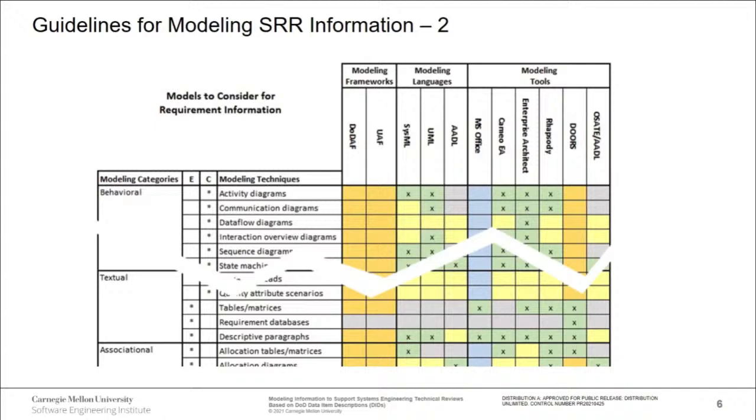Okay, so you see different behavioral modeling techniques, different structural modeling techniques, and so forth down the modeling techniques column. And then going across the top, you see modeling frameworks that could potentially be used, languages, and modeling tools.